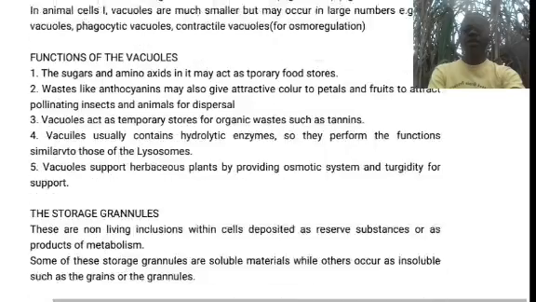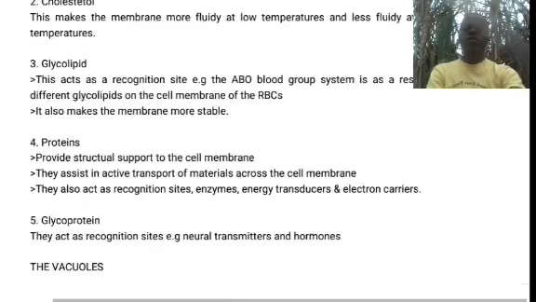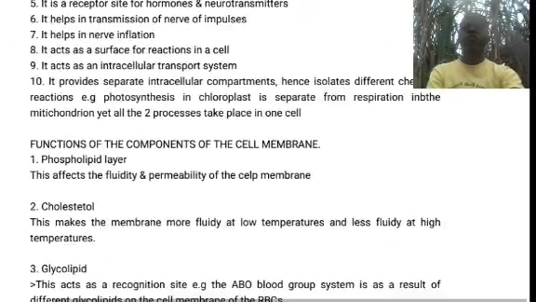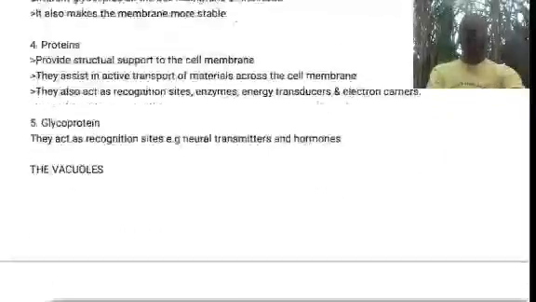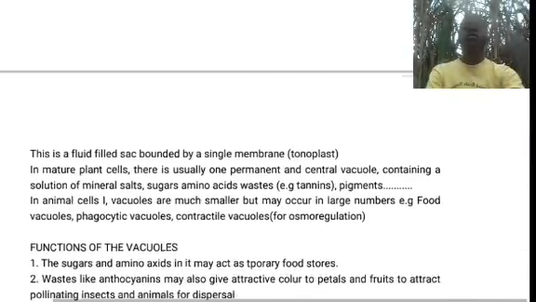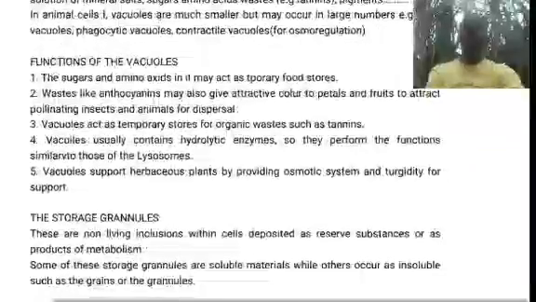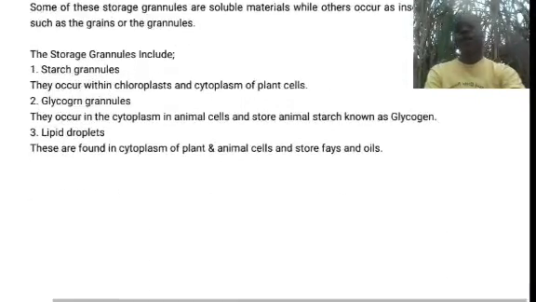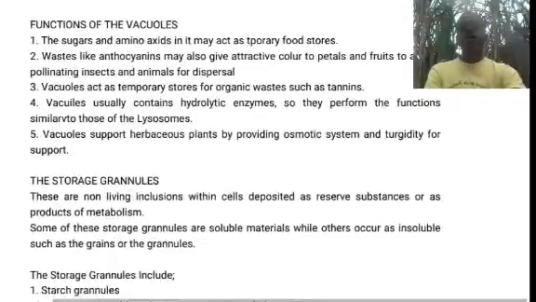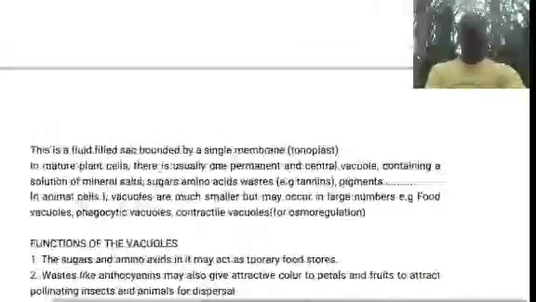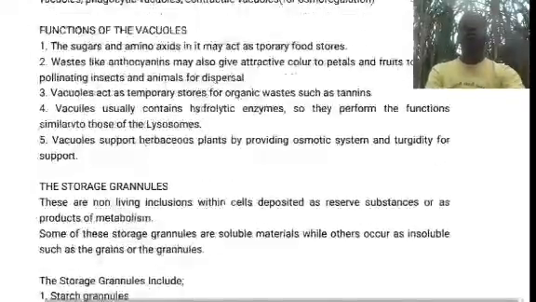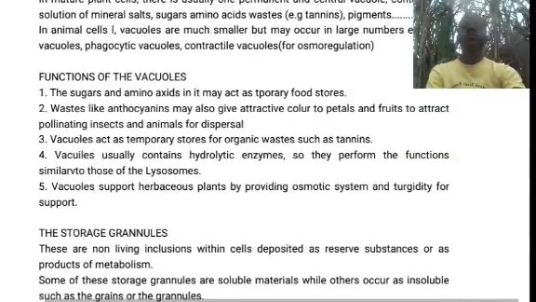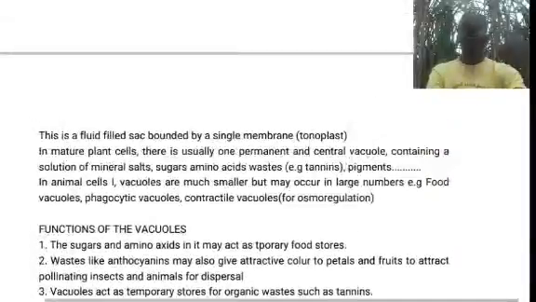Having seen the cell membrane and how it works, the fluid mosaic model of the cell membrane, we have seen the cell vacuoles in plant and animal cells. Now in our next lesson we are going to look at the storage granules, and we are remaining with very few cell organelles so that we can finish our cytology.